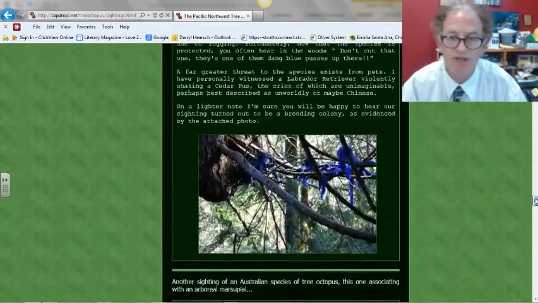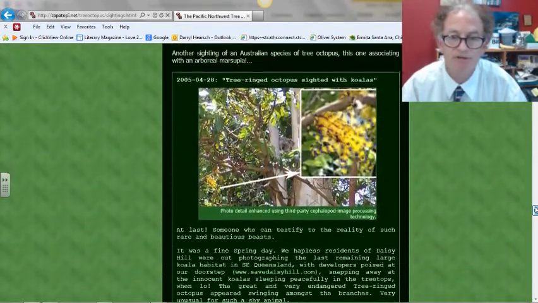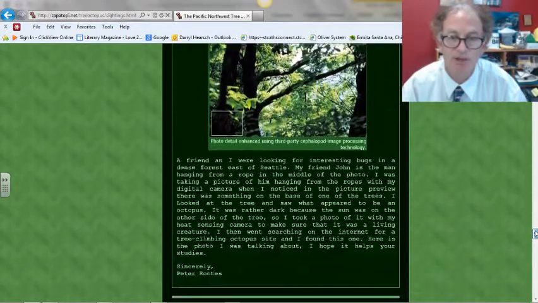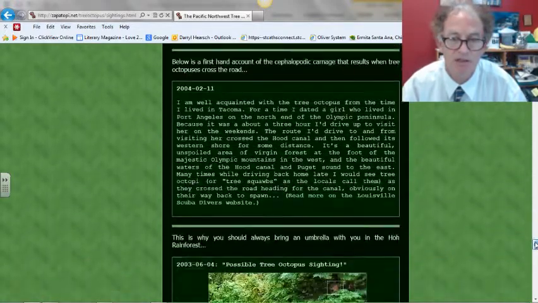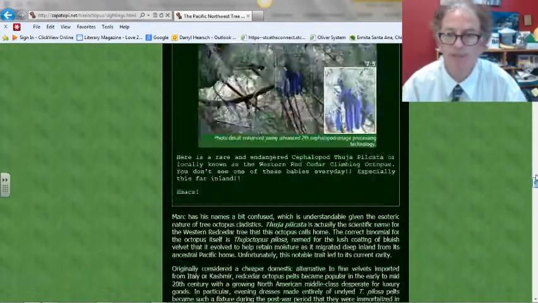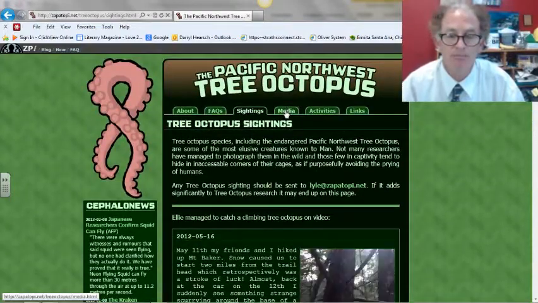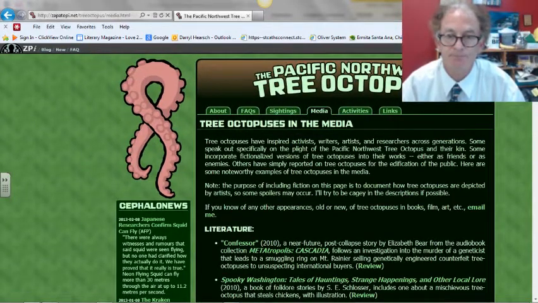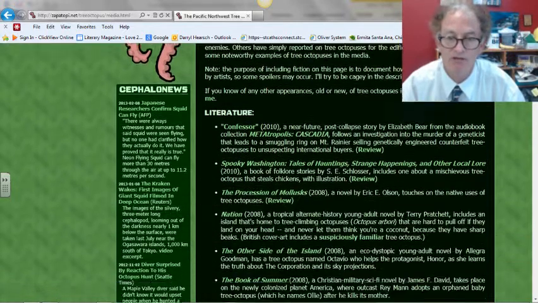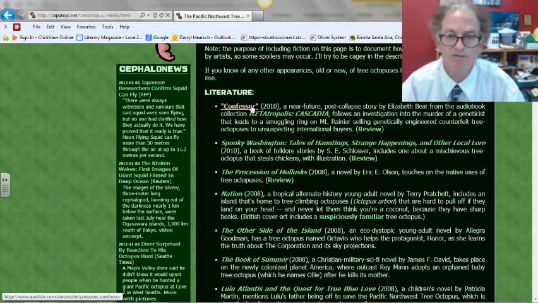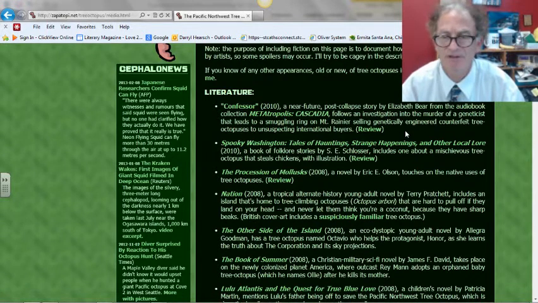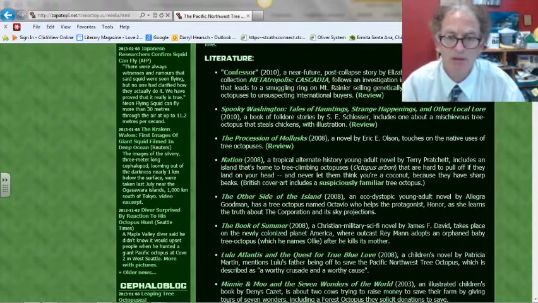Anyway, you've got all these different sightings, and you've got these different sorts of explanations from people saying that here is the octopus. Okay, if you look at media, there's literature here, Confessor, something to do with the murder of a geneticist, about counterfeit tree octopuses. How that relates, I don't know.